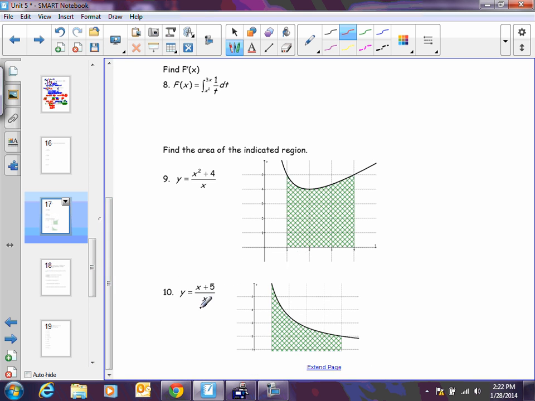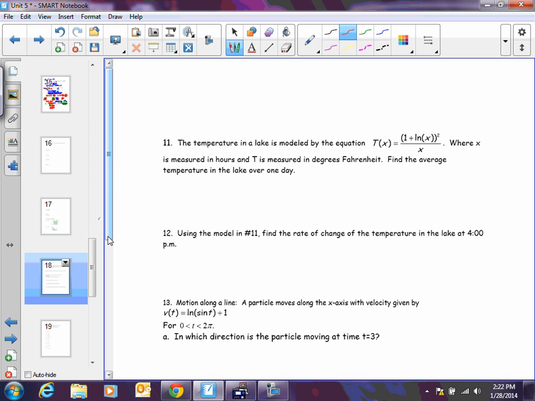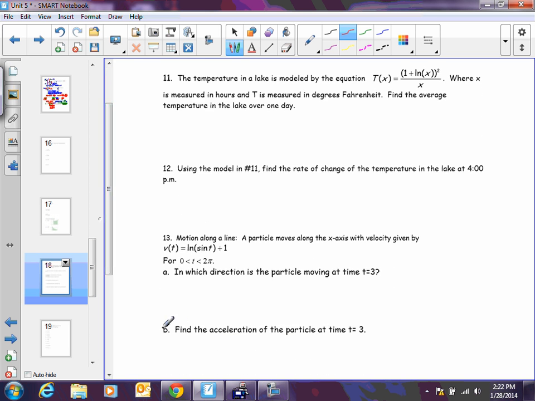Your homework on Thursday night is going to be to do the rest of these problems. If you want to get ahead, you could, but this stuff is not going to be on the quiz, so I'm just going to say your time is better spent on the other things.